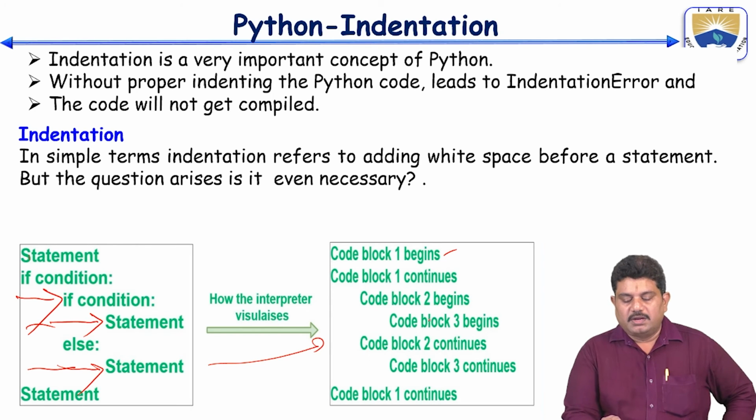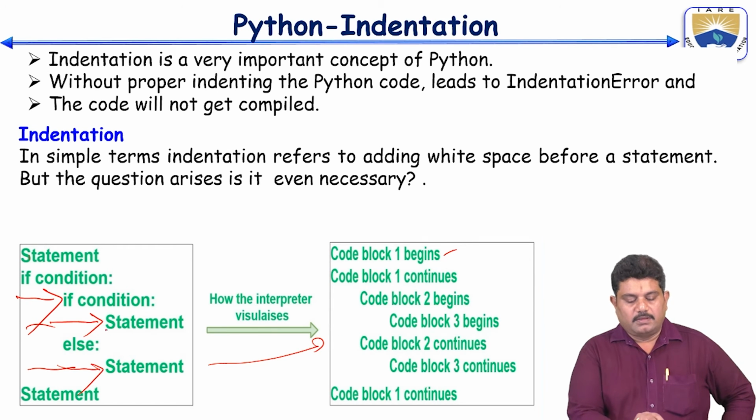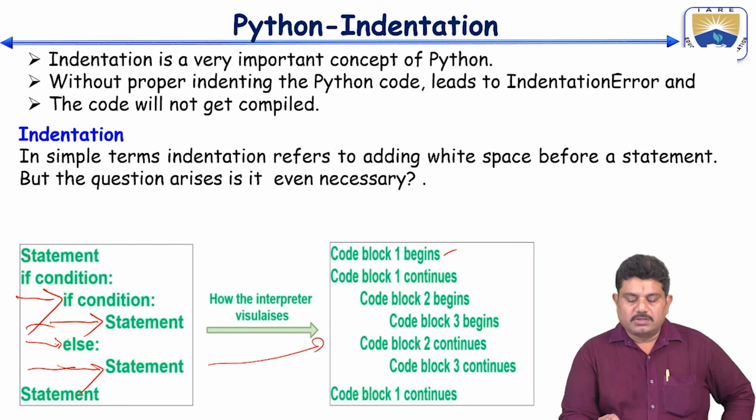So it means another code block begins here. And then else. The else also has some indentation, and the white spaces before the else and before the internal if are the same. So in such cases, these two belong to the same block.